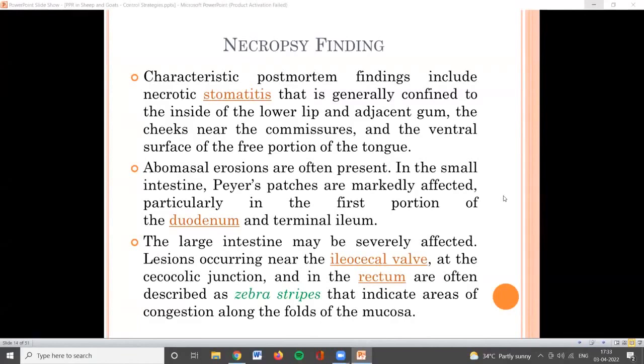Abomasal erosions are often present. Peyer's patches in the small intestine are markedly affected, particularly in the first portion of the duodenum and terminal ileum. In the large intestine, the pathognomonic lesion of PPR is the zebra stripes.